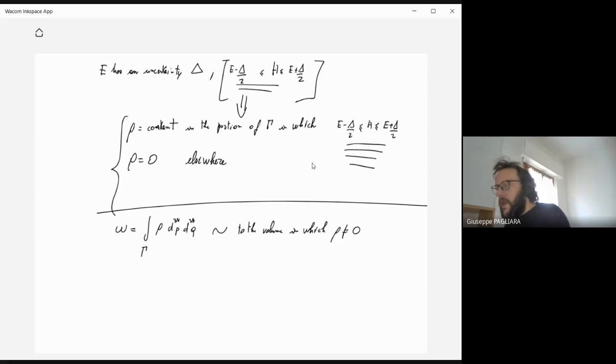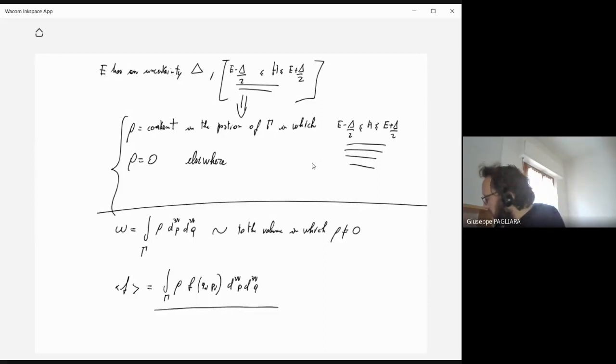Okay? And the statistical averages, the ensemble averages that we were saying before, are of course determined by the following definition. I have the integral over all the phase space of rho times f of q_i, p_i, d3N p d3N q, divided by the integral of rho d3N p d3N q.